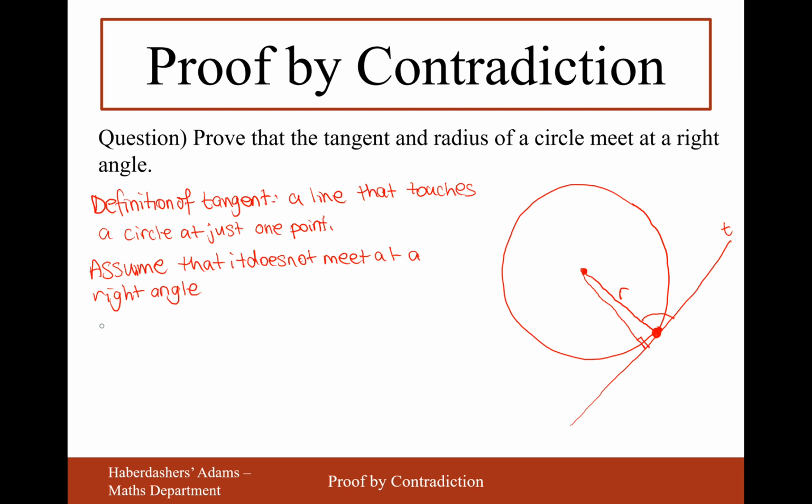So at a different point, the radius will meet the line at a right angle.